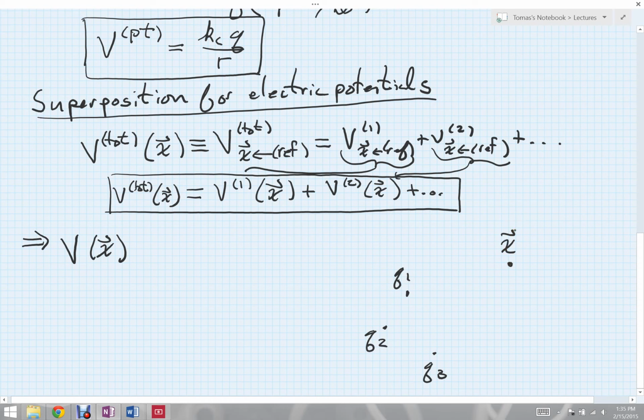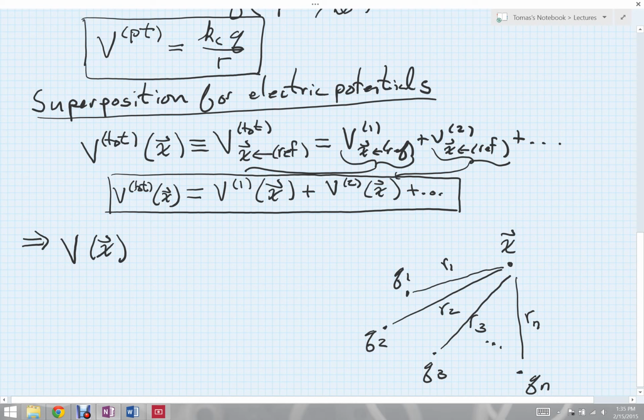What I need to do is to determine these distances. This distance here is R1. This distance here would be R2. This distance here would be R3. And I might have a very large number of these charges, so let's call this last charge Qn. These dots just indicate an arbitrary number. And I would need then the distance here, Rn.